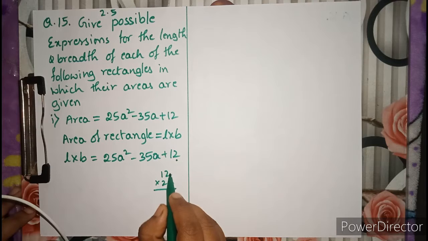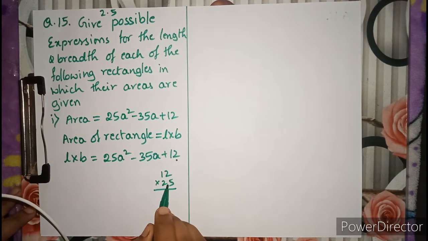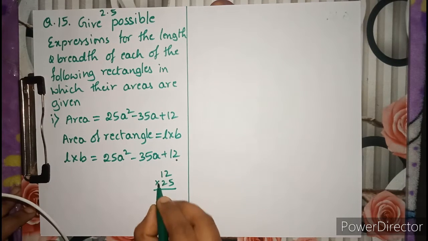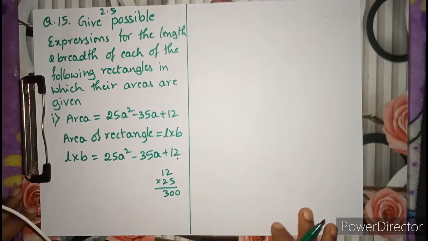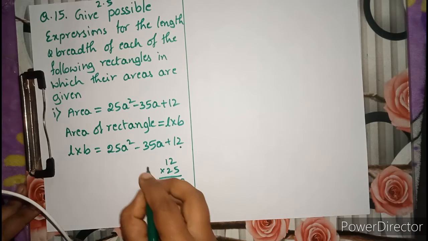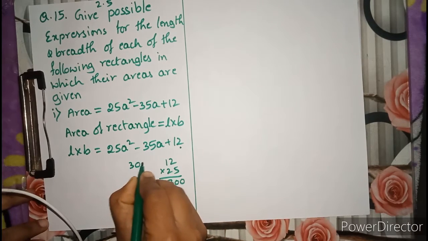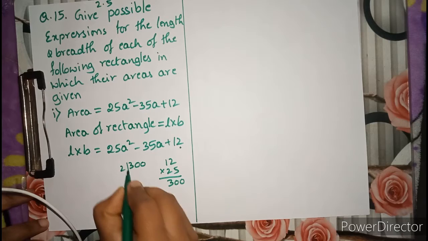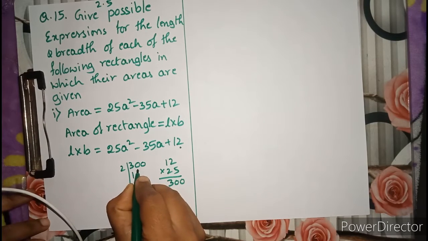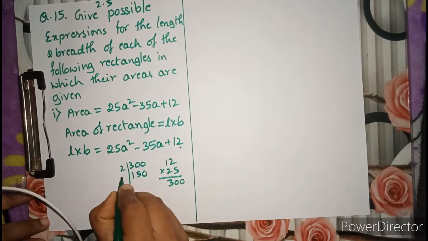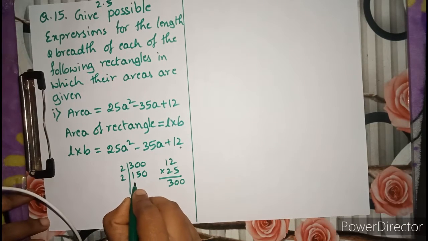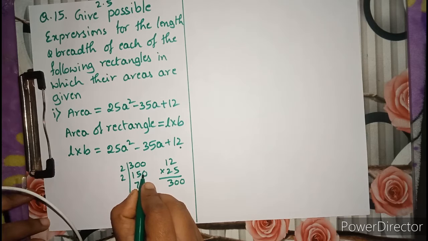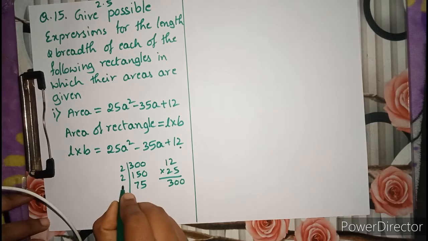The constant is 12, and the coefficient of a square is 25. 12 into 25 is 300. Now take the factors of 300. 2 1's are 2, 2 5's are 10, 0 0. Next again, 2 7's are 14, 10 remaining, 2 5's are.